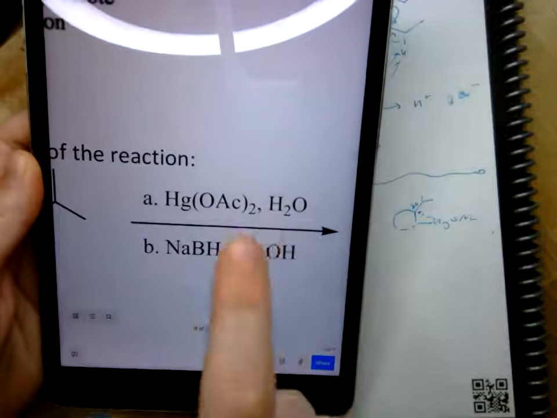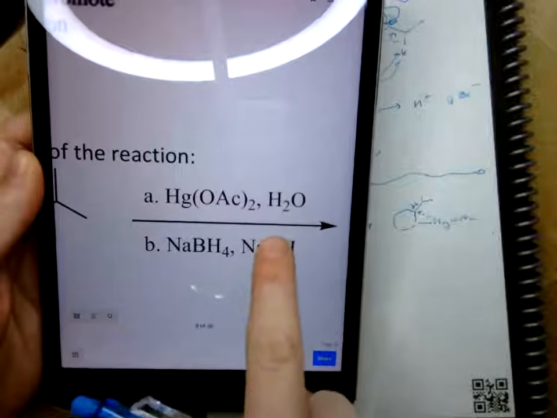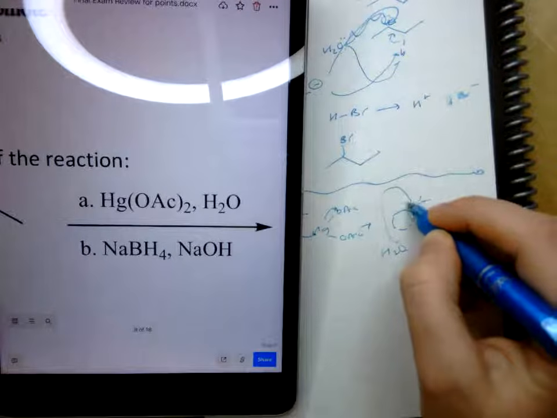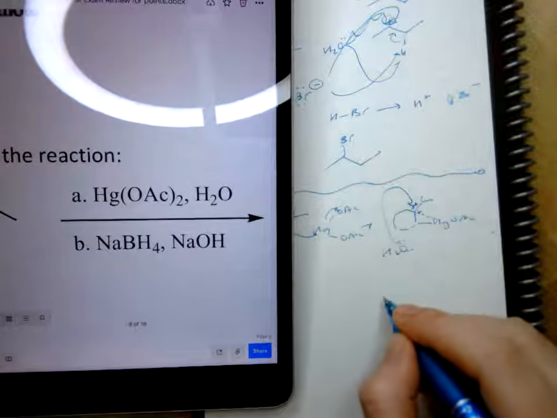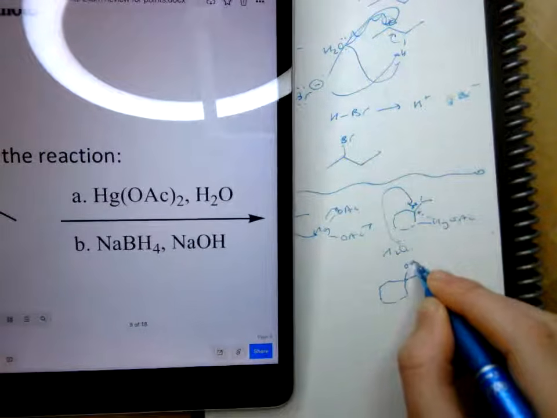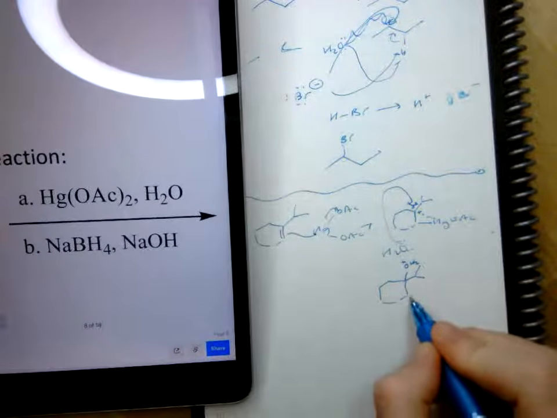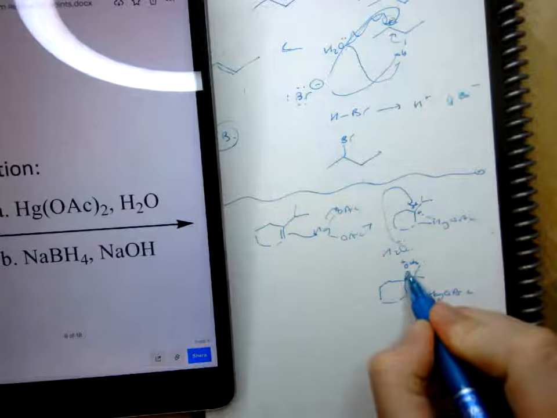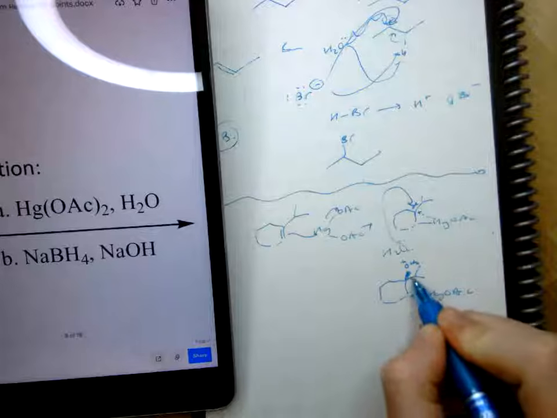One thing I always do with these is check to make sure that this is water and not another solvent, because water is what attacks right here, right? So you'll have OH2 plus initially form and the HgOAc here. And originally that adds anti, where this is a wedge and this is a dash.